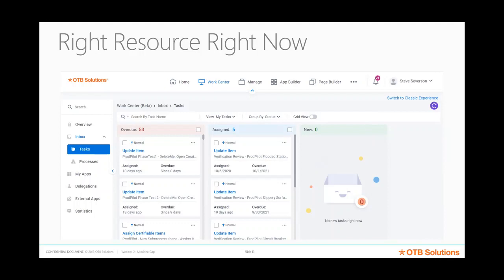And so one of the advantages of a workflow-driven system is that you know who's going to get it, when they got it, how long it's taken them to react, whether or not they're behind your timeline. And all of this very much plays into your ability to clearly and concisely manage your corrective action plans and your mitigation plans.